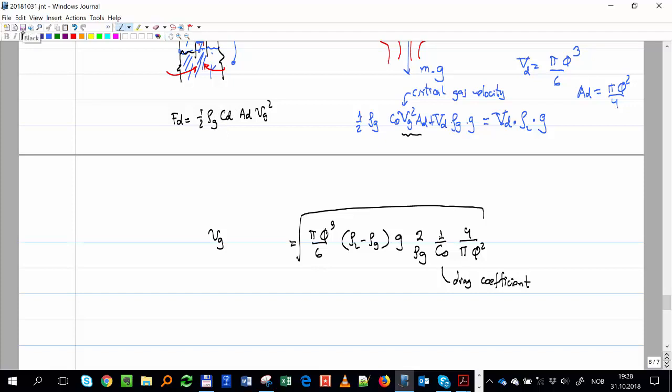If you see the definition, CD is a ratio between a drag force and a kinetic energy.